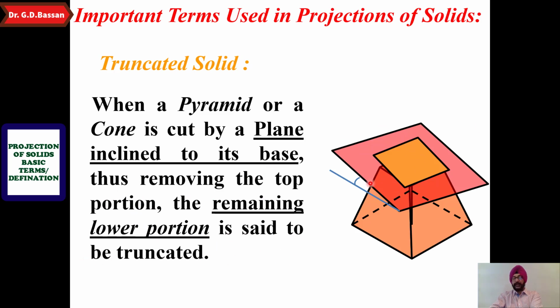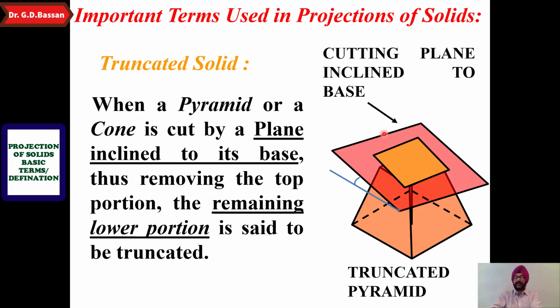So this plane is at a certain angle to the base, then this is considered a truncated pyramid. This is the cutting plane which is inclined to the base, and this is how we get the truncated solid. So these are the various terms which are used in projection of solids.